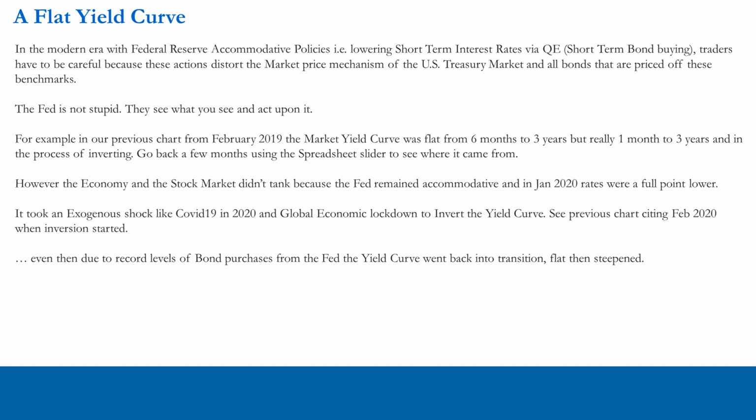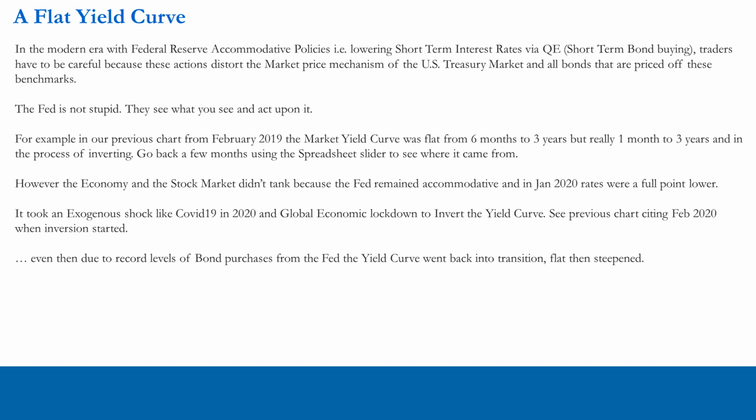So when we see a yield curve transitioning and going from positive upward sloping normal to going flat, guess who else is watching it? Yes, you've guessed it, the Federal Reserve. The Federal Reserve sees this happening, and in recent history, when these things have happened, they are very accommodative with their policies.